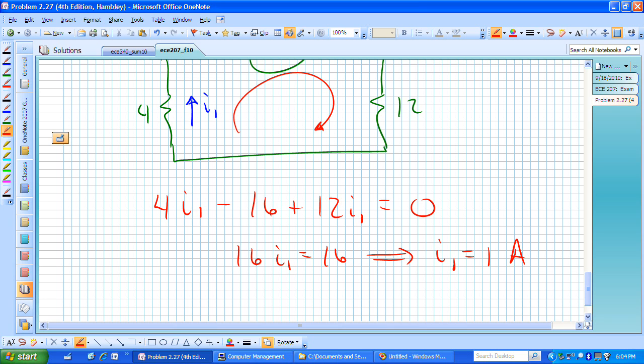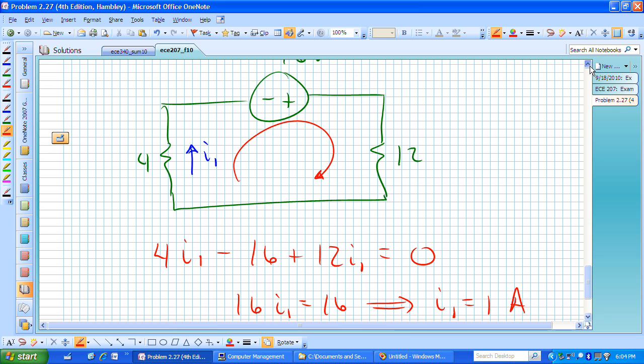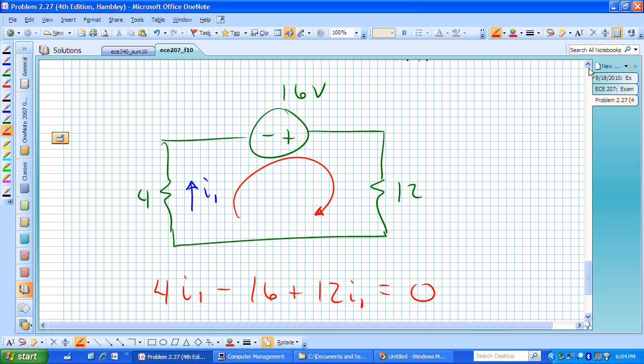And that wasn't too hard, and you could actually see that very quickly here: 16 volts is actually dropped across 16 ohms, and so that tells you that I1 is going to be 1 amp.